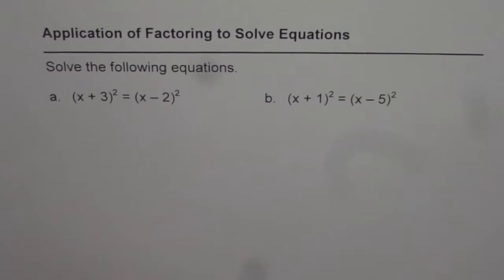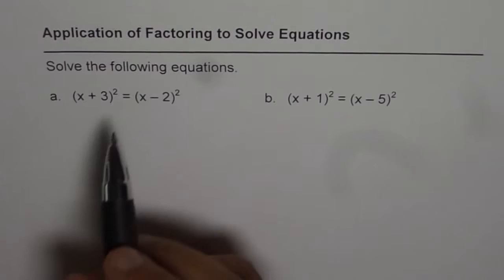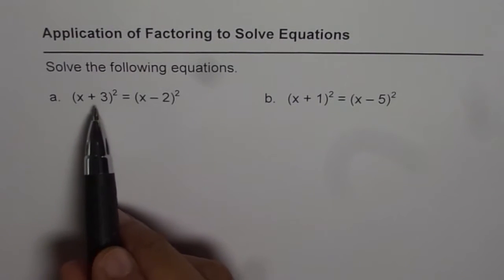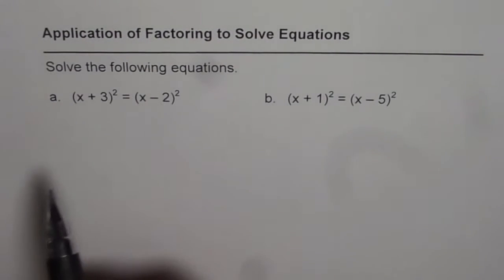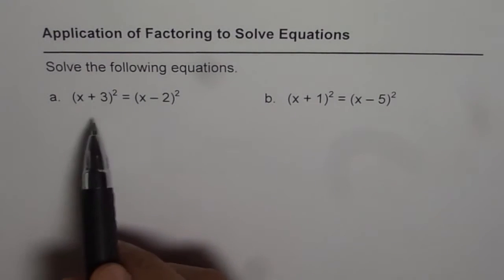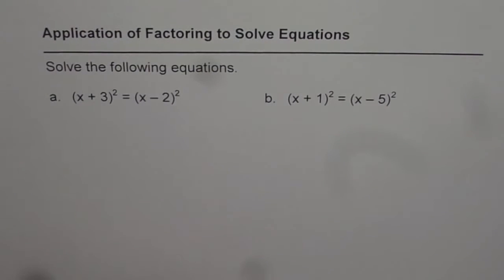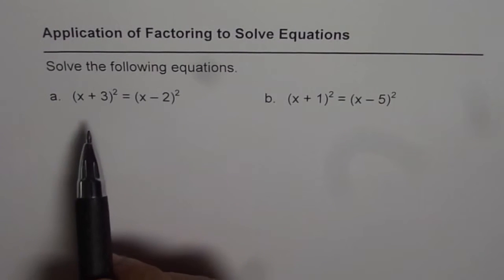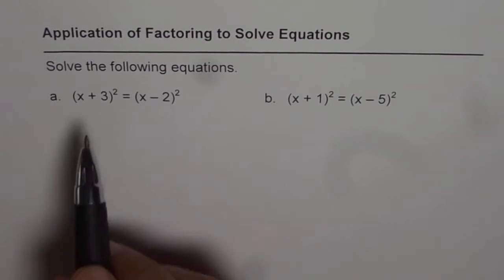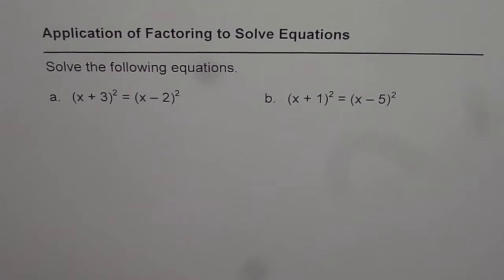Well, some of you might just square root both sides and try to solve it. Since they are squares, that means x + 3 should be equal to x − 2. And if you do that, then you're making a mistake. Remember that. So caution here is do not square root both sides, right?